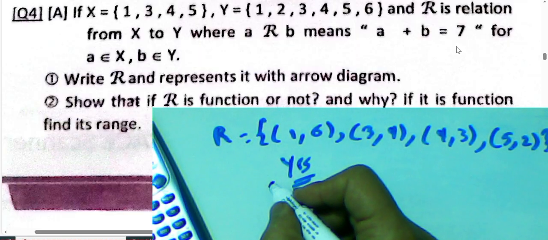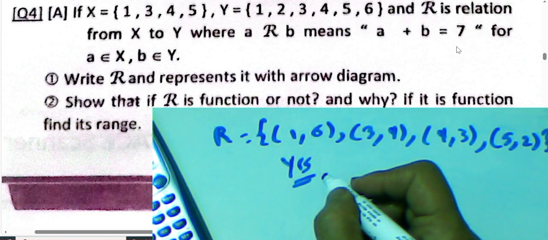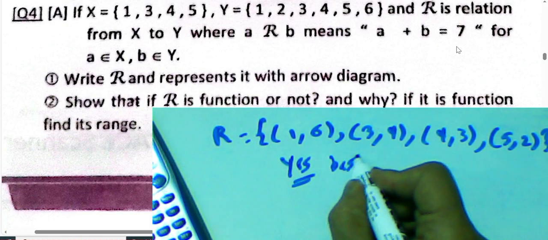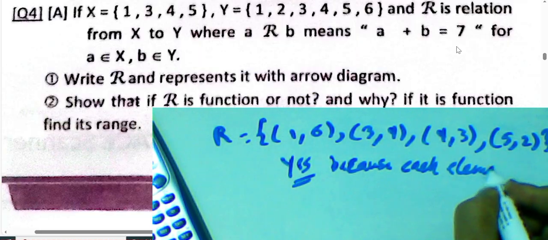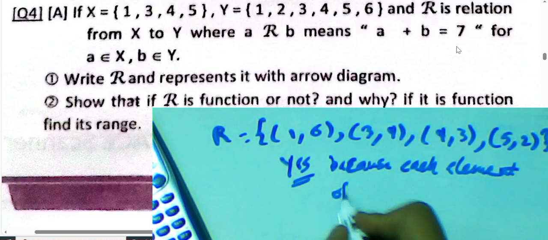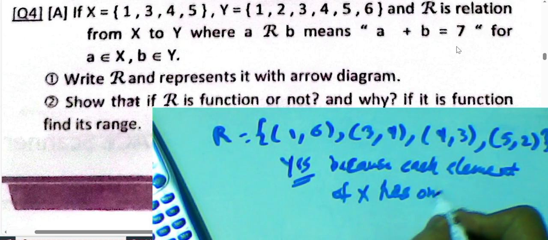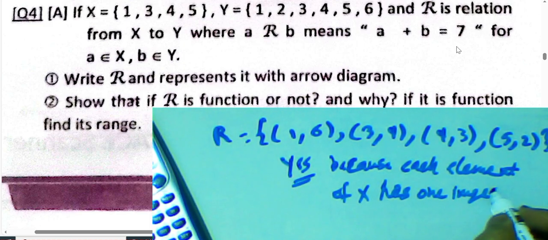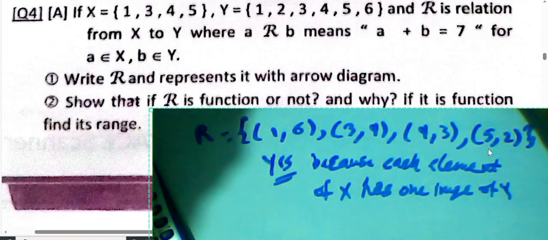Our relation we have here is a function. And why? Because each element of x has one image of y. Each element of x has an image of y, and we can draw our diagram here.